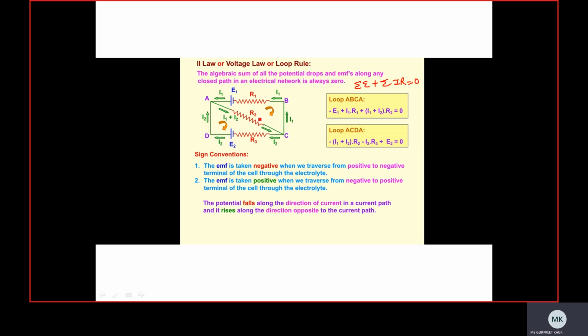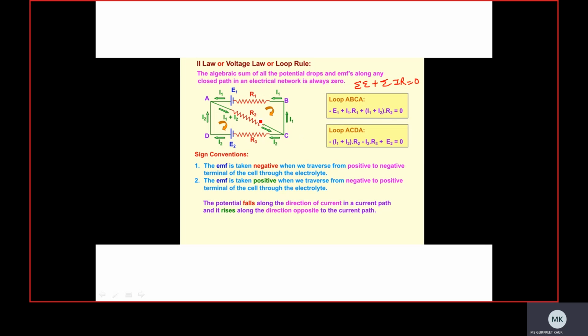So here again there will be a rise of potential, because the direction in which the closed path is being traversed is opposite to the direction of current through that resistance R2. So it will again be taken with a positive sign, plus I1 plus I2 into R2. This is the current and this is the resistance R2, so this is the potential drop across R2.